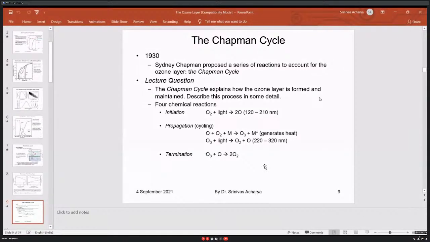Your tropospheric temperature will drop up to the tropopause, to a minimum of minus 60 degrees centigrade. Then again it will increase to 0 to minus 2 degrees centigrade up to the stratopause. That means a temperature inversion occurs at the tropopause level.